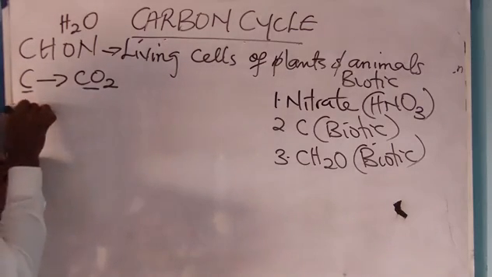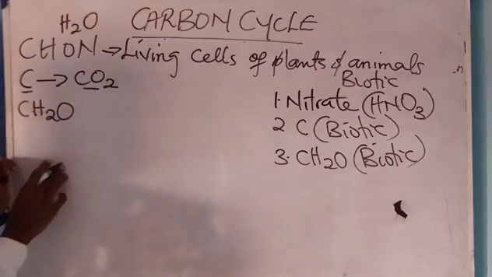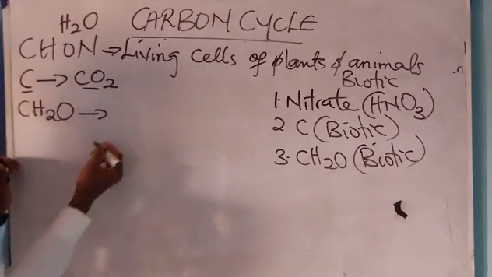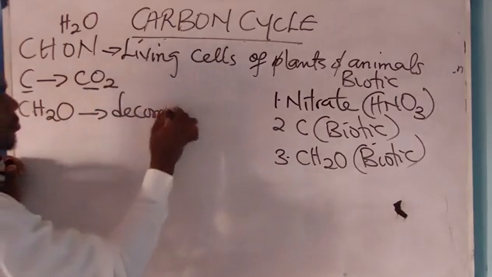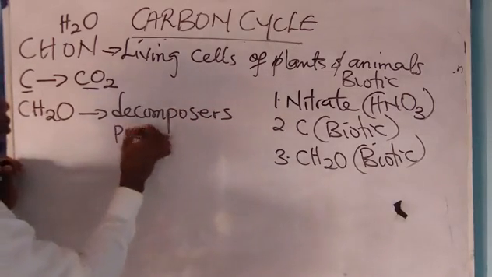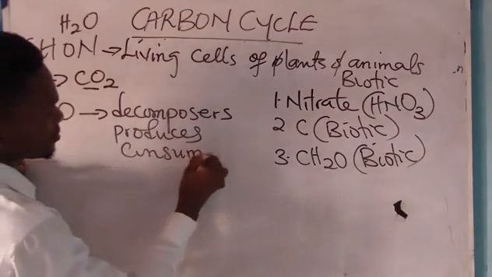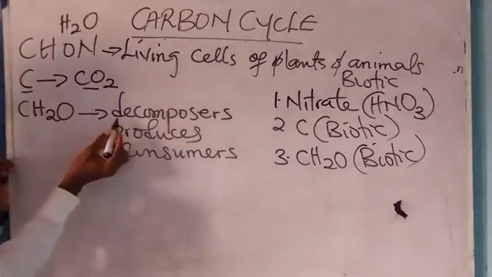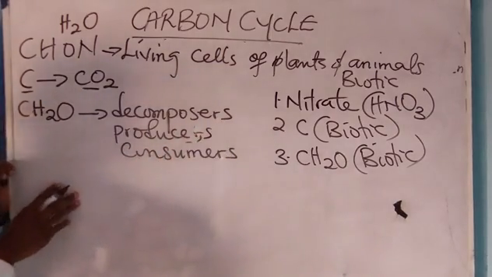Animals can also form or produce CH2O. Now, this CH2O can be used by decomposers, producers, and consumers.